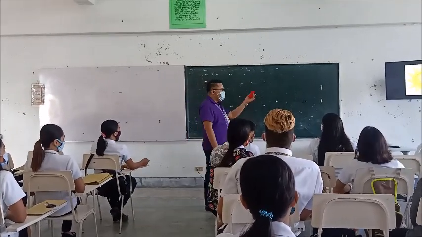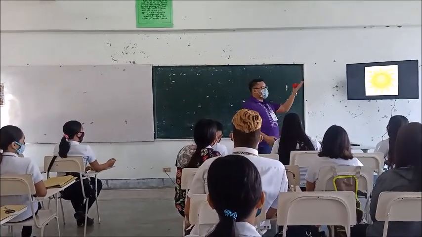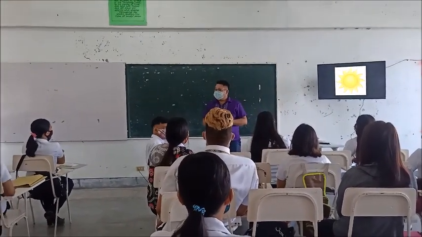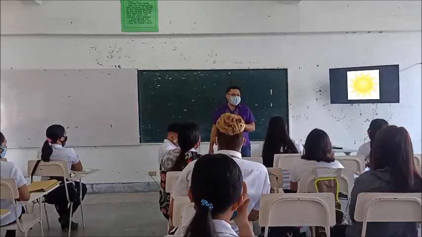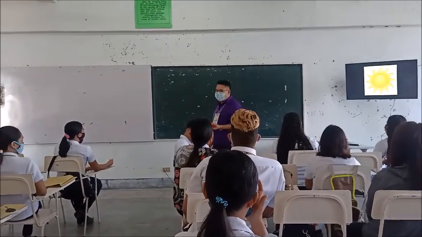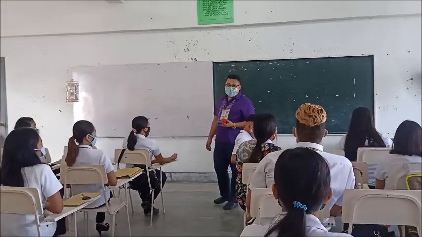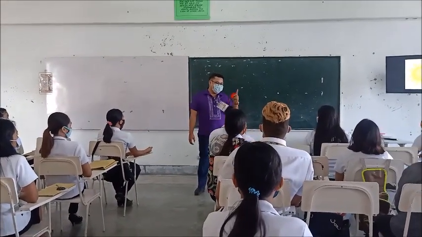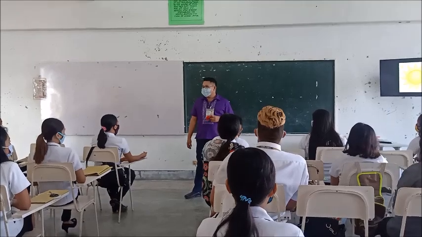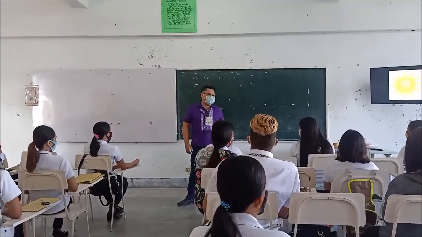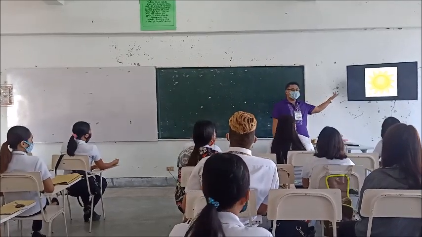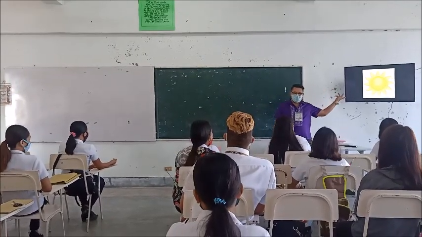What do you think is in the sun that makes us warm? The heat. Okay. Heat is transferred through what kind of energy? It starts with letter S. Sunlight or solar energy.